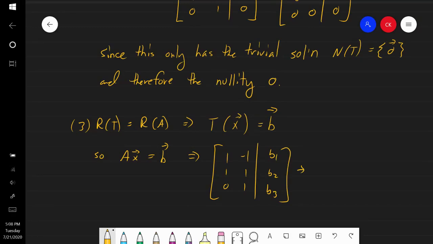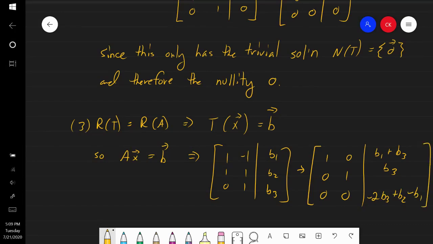And as we've typically done, we would put this into a row-reduced echelon form, and I'll tell you what we get there. So we get our 1, 0, 0, 0, 1, 0, and for the other side of the equation, we get b1 plus b3 for the first element, b3 for the second element, and minus 2b3 plus b2 minus b1 for the last element.